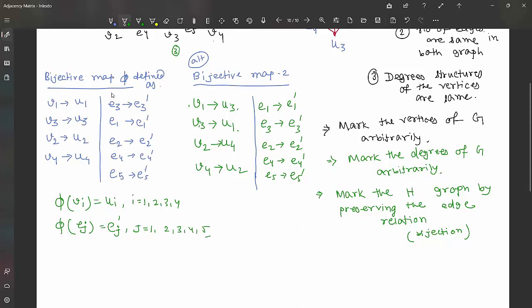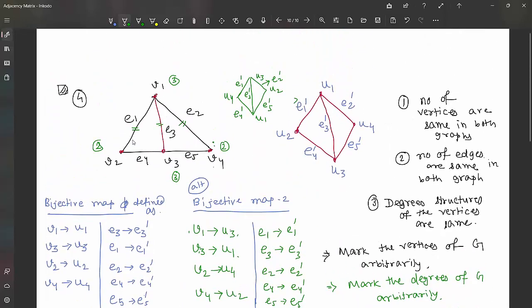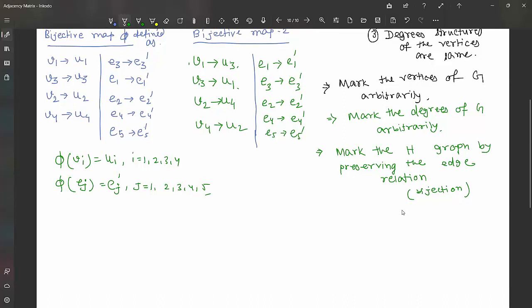So under this bijective map we can say that G1 and G2, this G and H, these two graphs are isomorphic. So here G and H are isomorphic. You can say that.